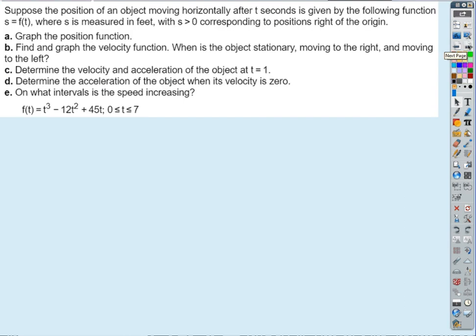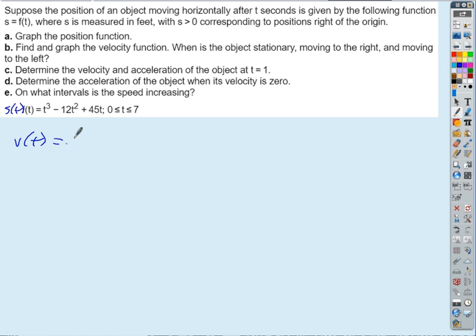Okay, so what about this one? We talked a lot about this one. You tell me, we can at least talk about how to do this, right? They're giving us the position function right here. s is equal to f of t, right? So I could calculate velocity and acceleration pretty easily. If this is s of t, what's v of t?